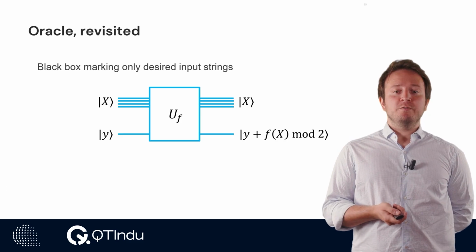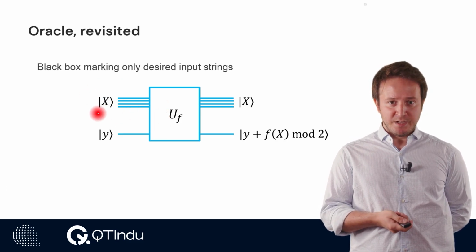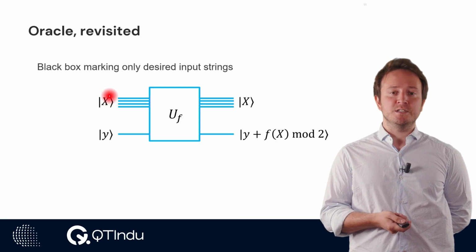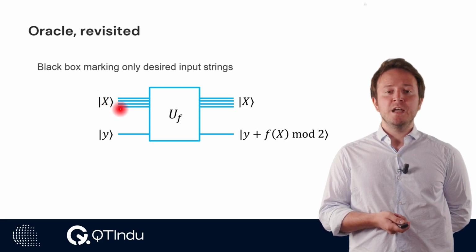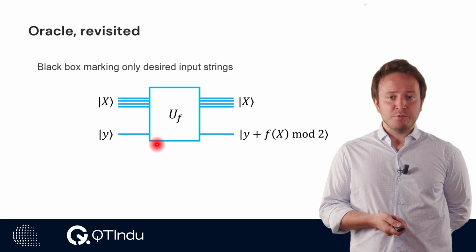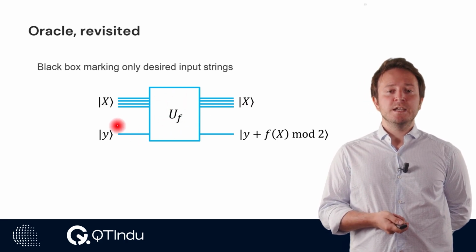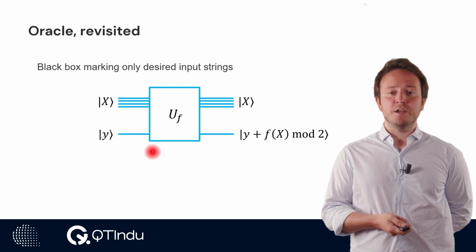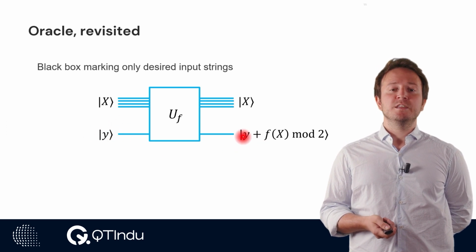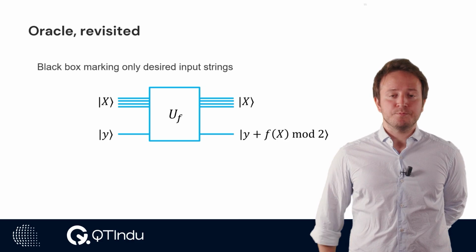The concept of oracle, as we saw before, essentially considers a register of n qubits, initialized in a state x, and passes it through. What this unitary function, this oracle, does is that to an ancillary qubit, here initialized in a state y, it adds a function of the register state modulo 2.